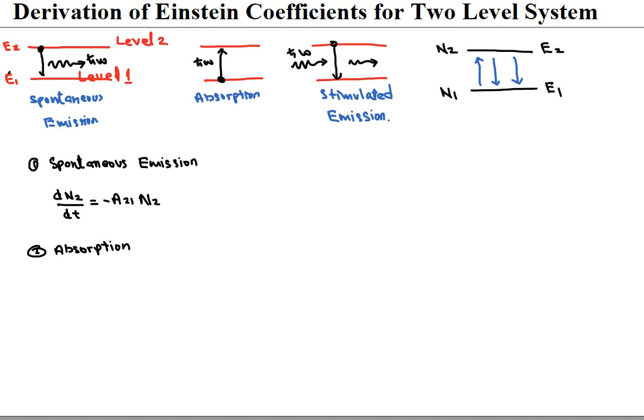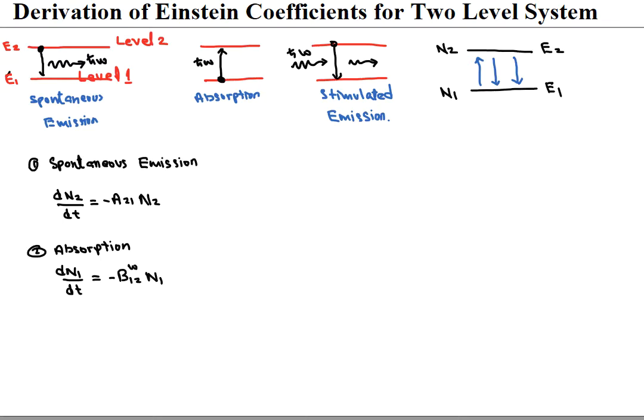And for the absorption, since absorption is related to absorbing some energy of some frequency omega, we will be writing dN1 over dt equals minus B12 N1, because the number of atoms in the level 1 are changing and it is decreasing. That's why we have a minus sign here.